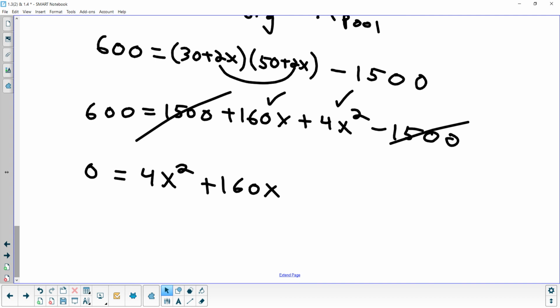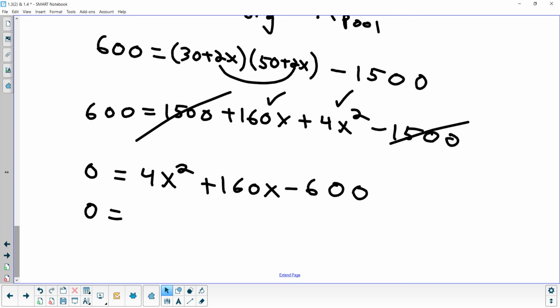And now what about the constant? What would be at the end? Yep. Plus 600. So that's going to be coming over from the other side. So what would happen to it? Oh, minus. Minus 600. Now, just to make these numbers a little easier to work with, what is everything divisible by?